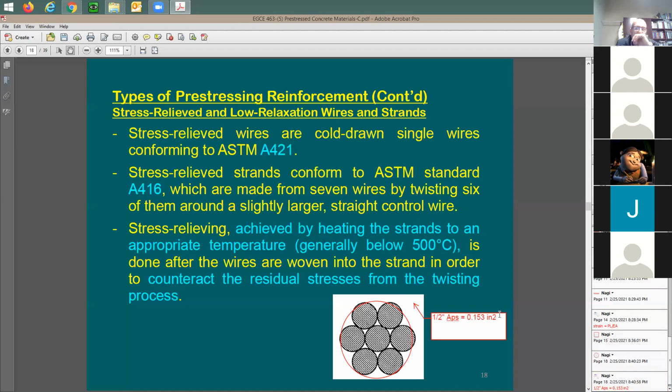How about for the regular rebars, for 1/2 inch, number 4 rebar, how much is As for it?